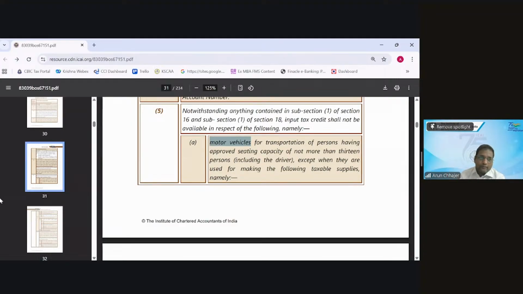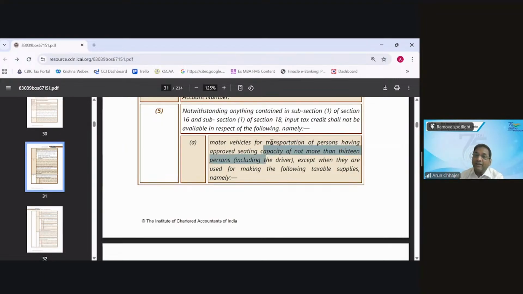So Chitra has given the correct answer. Yogesh has given the correct answer because they have explicitly used the word transportation of person, meaning thereby Sanjay, ITC would be available. Why have they not explicitly written transportation of goods?